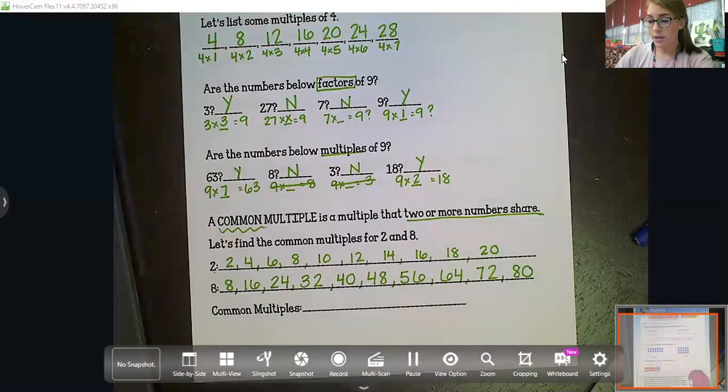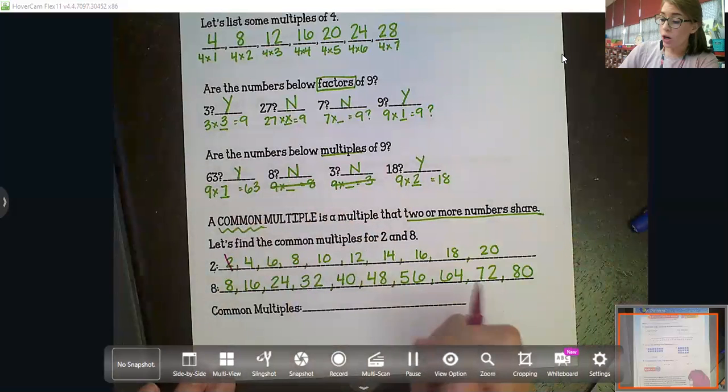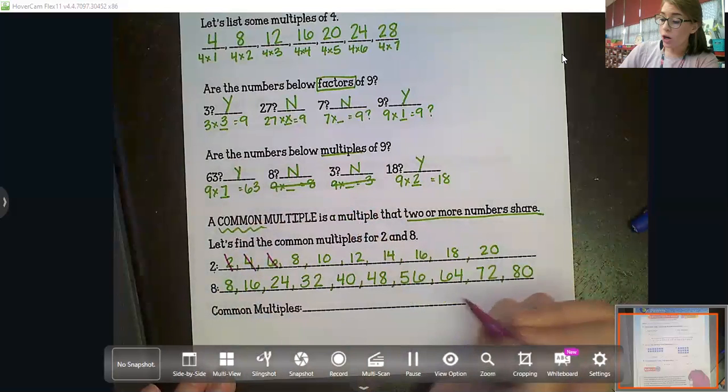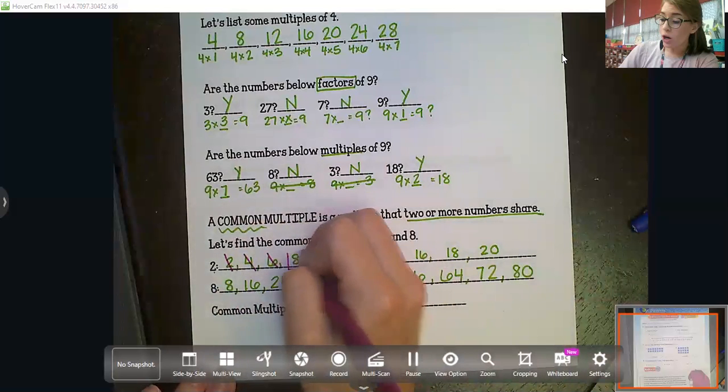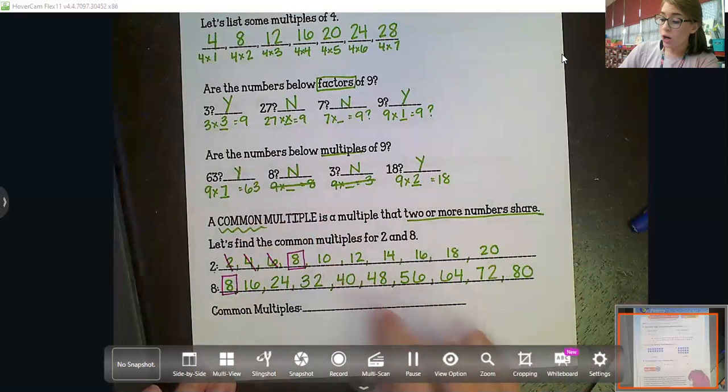All right, so now what we're going to do is look through those and find the multiples that they share or have in common. Do they share 2? Nope. What about 4? No. What about 6? Nope. What about 8? Yes, there's one they share. They have 8 in common. What about 10?